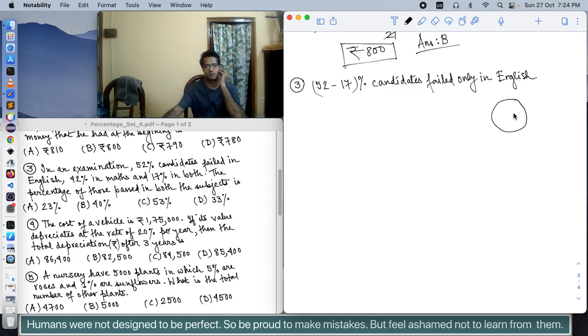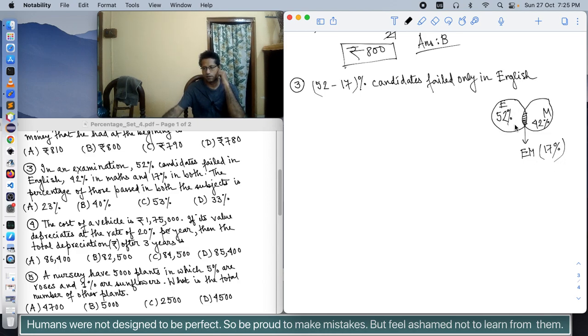This circle contains the candidates who have failed in English, so this is 52%. Let's say this is failed in maths. This percentage is given to be 42%. You can see there is an overlap. These candidates have failed in both English and maths, which is given to be 17%.